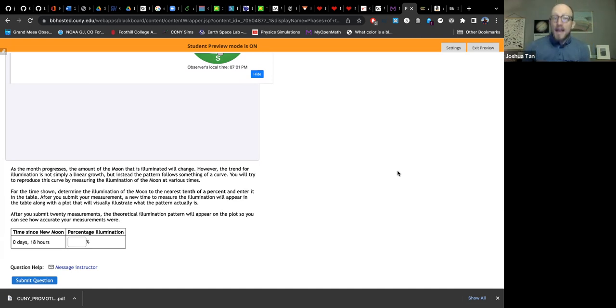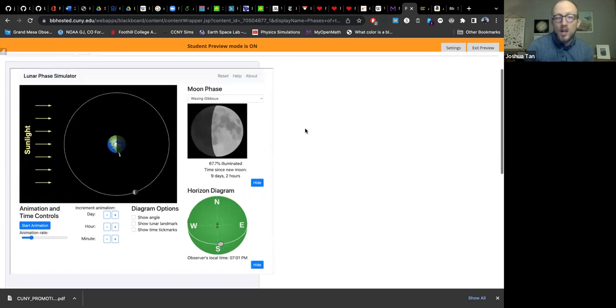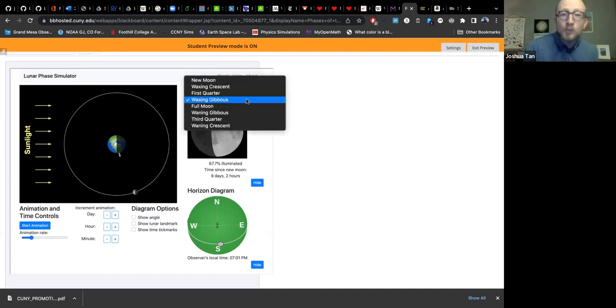Follows a curving path. We're going to try to create this curve. So the way you do this is you look at the time since the new moon and you indicate the percent illumination and you start to fill out this table. This is a way that we collect information. Now you could imagine doing this over the course of a month and taking these notes down in your own notebook, but we have the advantage of our simulator here.